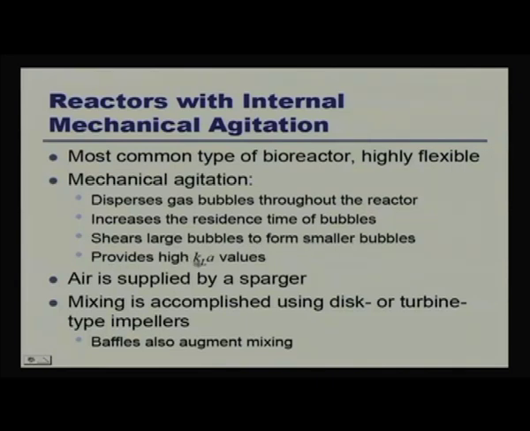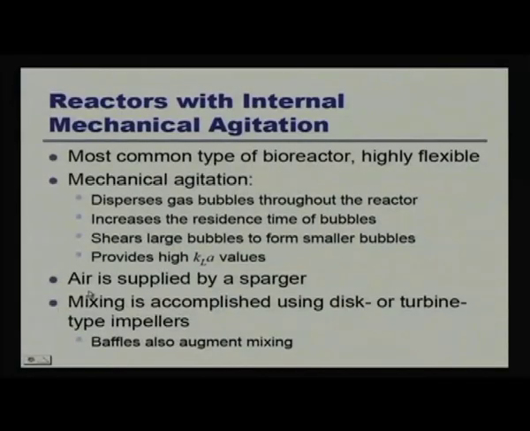It provides a high KLa value. KLa is the mass transfer coefficient, and when we are getting a high mass transfer coefficient, obviously we can think of this as one of the efficient bioreactor systems.